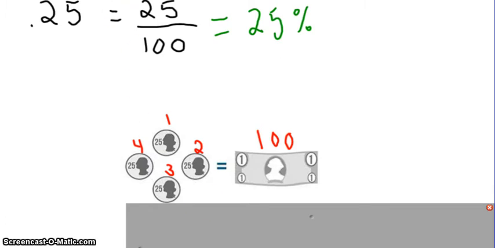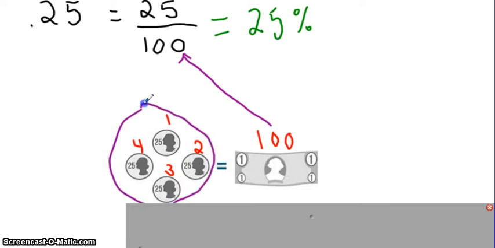So this 100 is kind of like this 100 right here. And all of these quarters are just like our parts, which is in our numerator up here. So it depends how many quarters we have. That'll make our percent. Percents are out of 100.